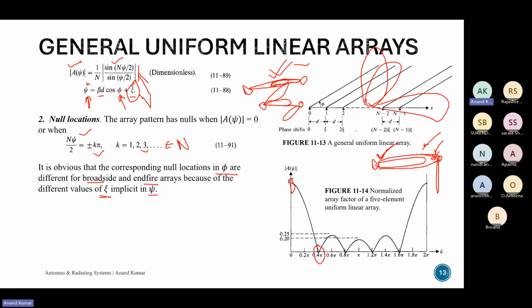So this implies that changing the phase shift value can help you tune this main beam's direction between broadside and end fire. You could tune this towards any direction, and this also means that you can tune the null locations. These null locations could also be tuned by changing the phase shift values, which are these xi values.